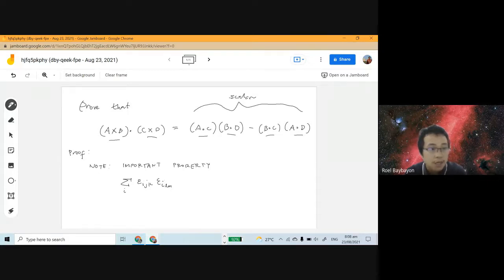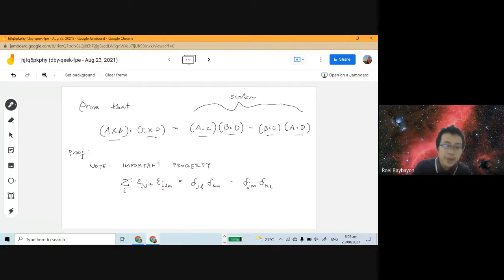Dapat parehas ang iyahang pinakauna nga index. Okay? Nakoy i, nakoy i. So, if I have this summation, we can write this in terms of Kronecker delta: delta_jl times delta_km minus delta_jm times delta_kl.